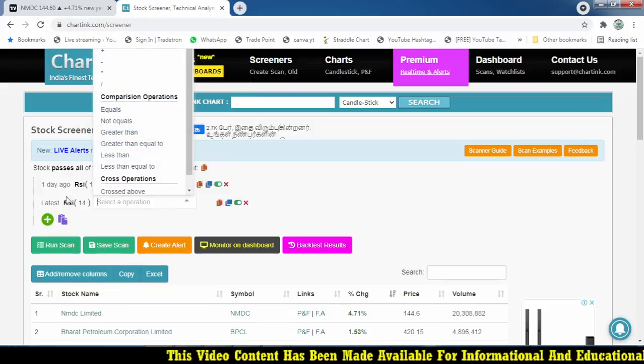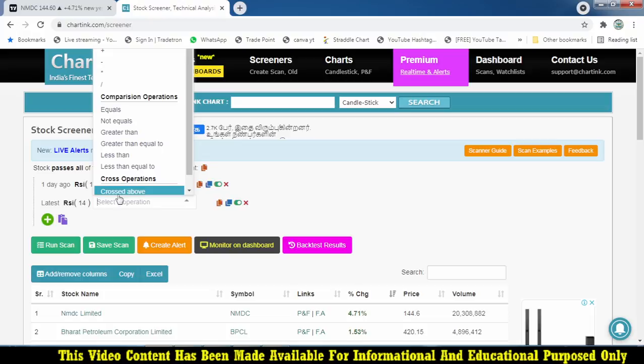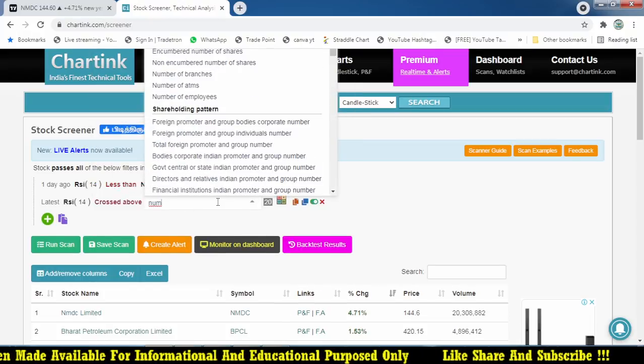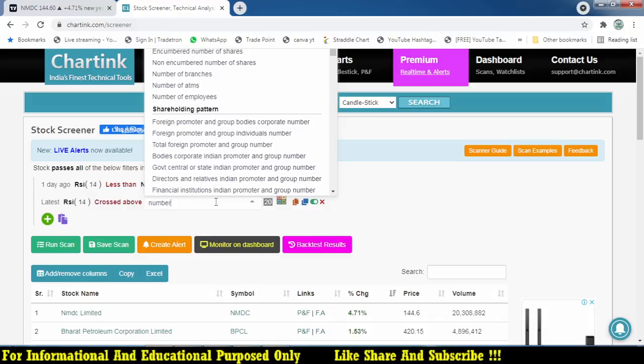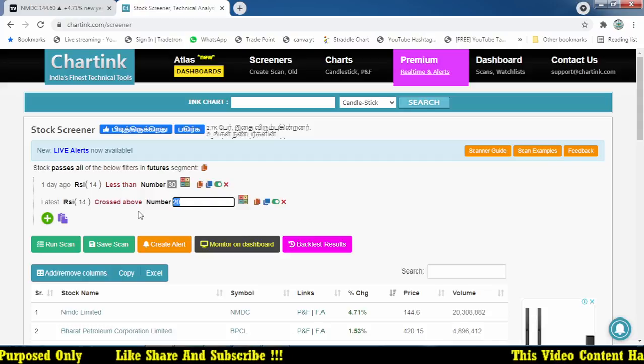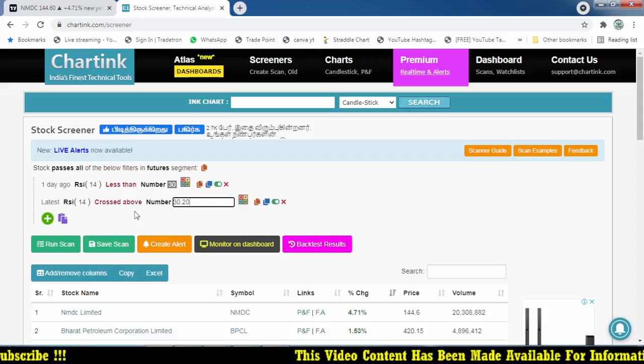Let's say a relative strength index crossed above number 30. Instead of 30, I'm going to take 30.2.